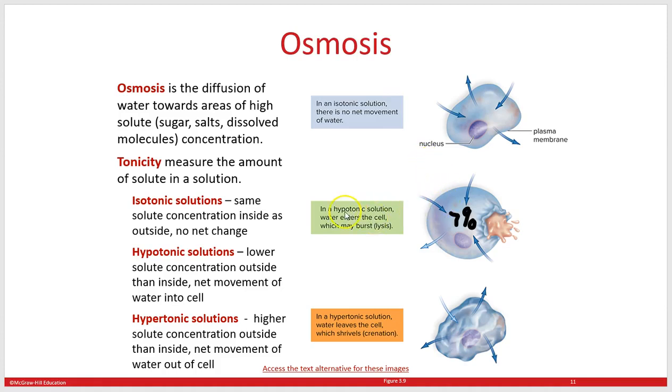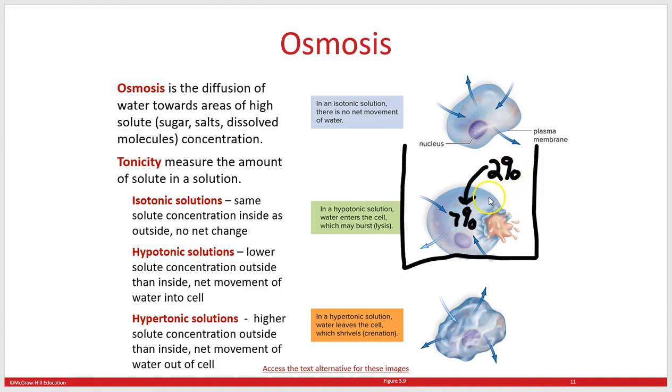Well, if it's a hypotonic solution out here in this fluid environment, let's say inside of a beaker, maybe out here it's only 2% stuff, maybe a little bit of salt, but there's not as much stuff here as there is here. And so therefore water is going to move from low solute concentration to high solute concentration. Water does that to try to even out the solute concentrations. And in a hypotonic solution, the cell would actually burst.